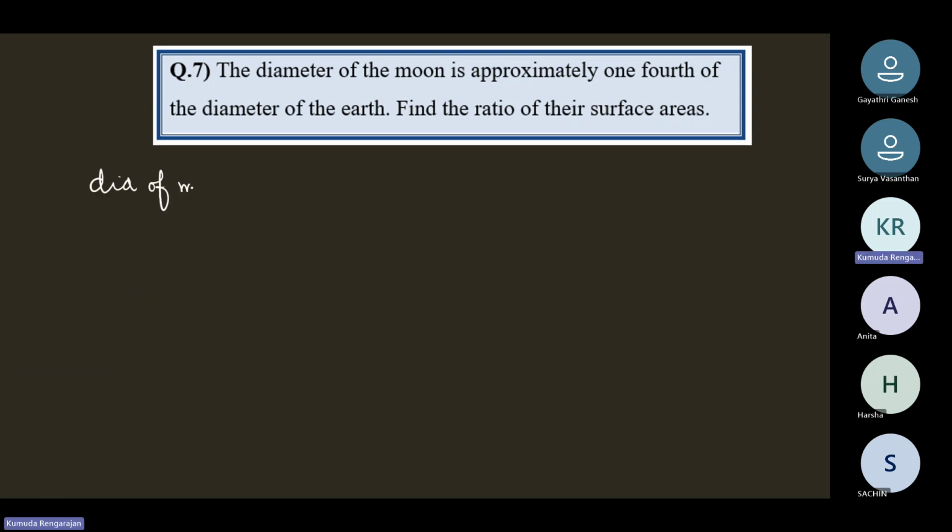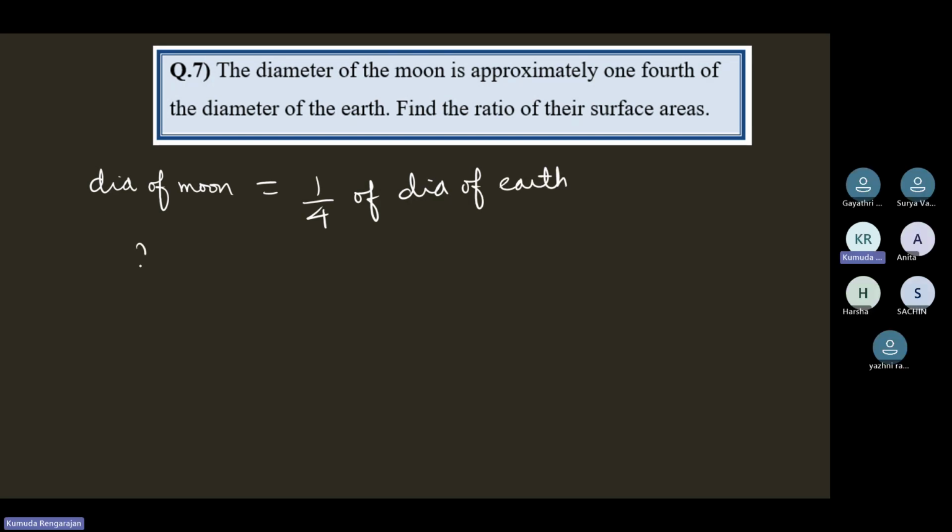This is given. Diameter of the moon, 2r, is equal to 1/4 of the diameter of the earth, 2R.